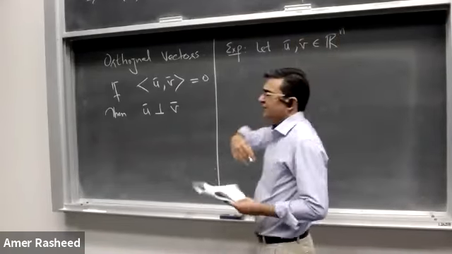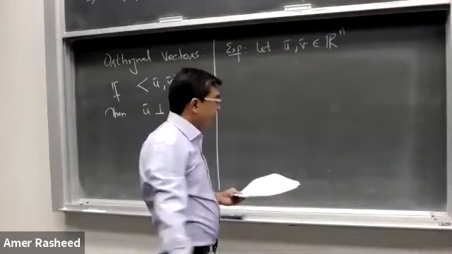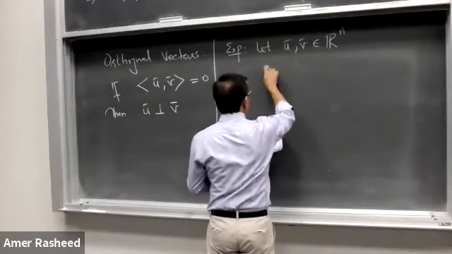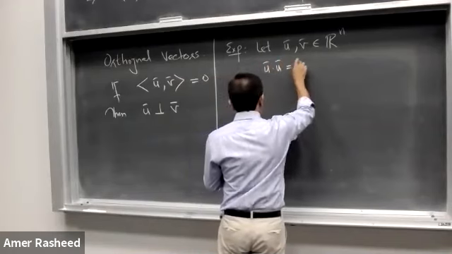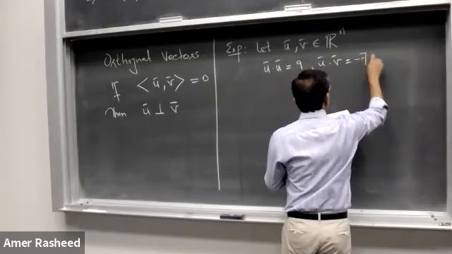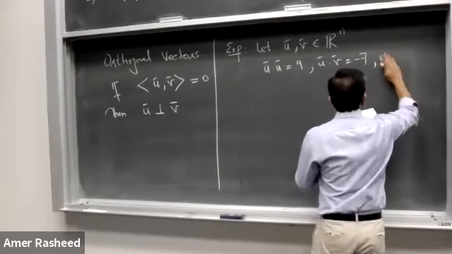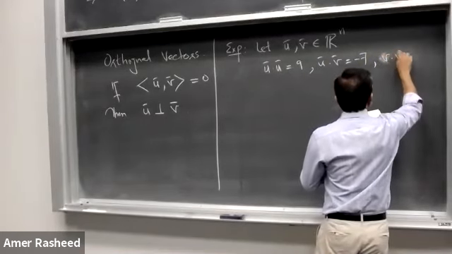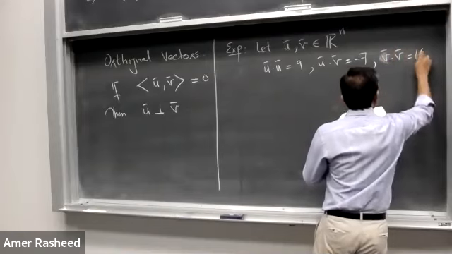We don't know the dimension of Rn. We are given these things: u dot u is 9, u dot v is -7, and v dot v is 16.